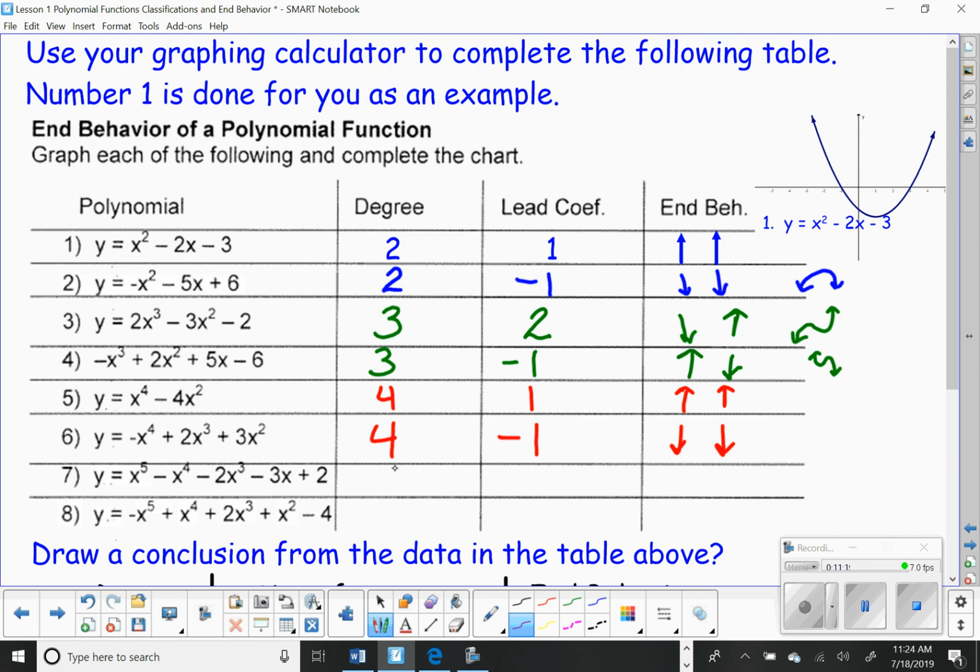Finally, number 7, we have a degree of 5, lead coefficient +1, and the end behaviors down, up. Number 8, degree 5, lead coefficient -1, end behaviors up, down.